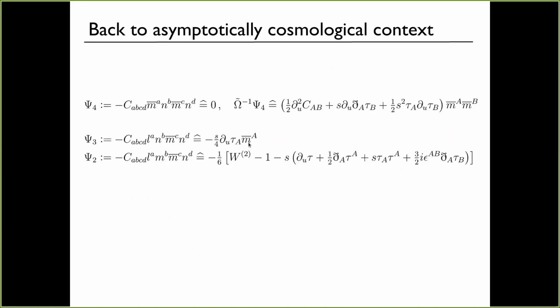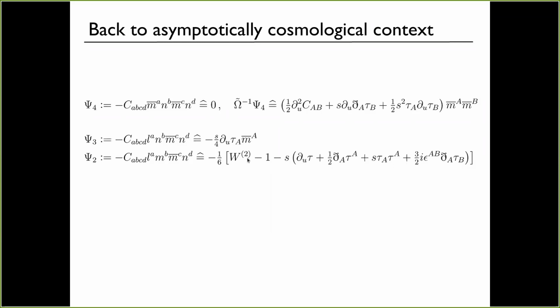And the key point is that the fact that these two terms, psi3 and psi2, are non-zero on scri means that there's no peeling. And in the flat case, of course, there is peeling, because in the flat case, S is 0, so this term is indeed 0. And S is 0, so all these terms vanish.